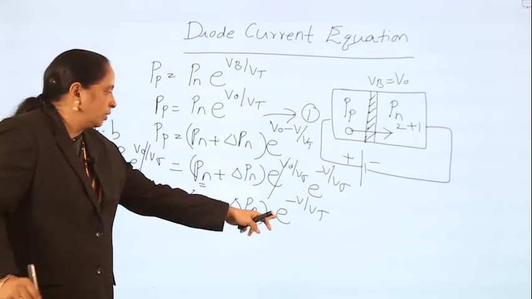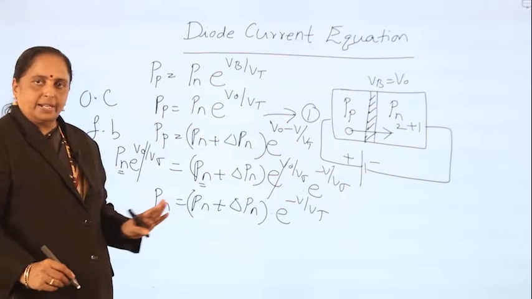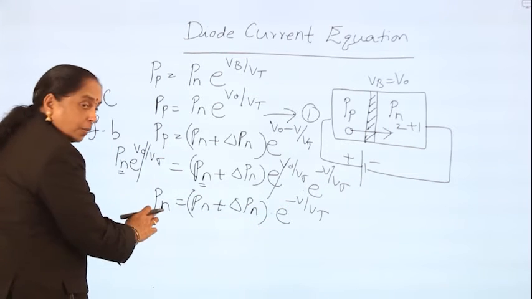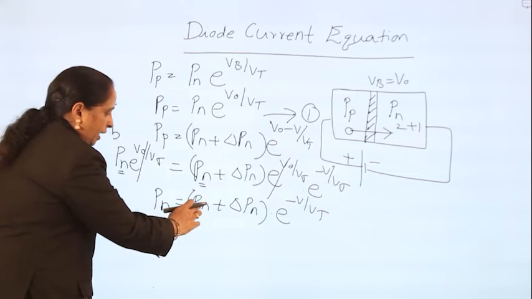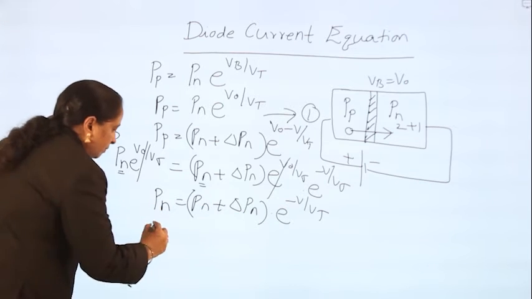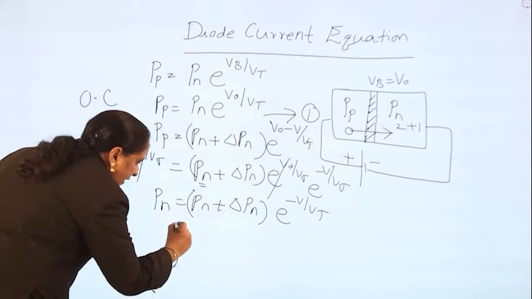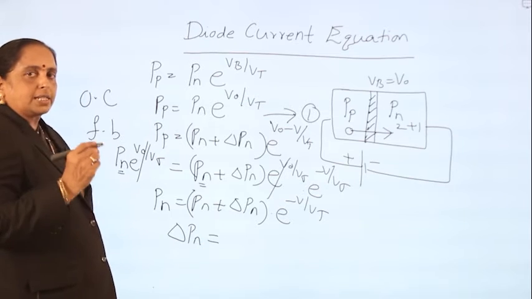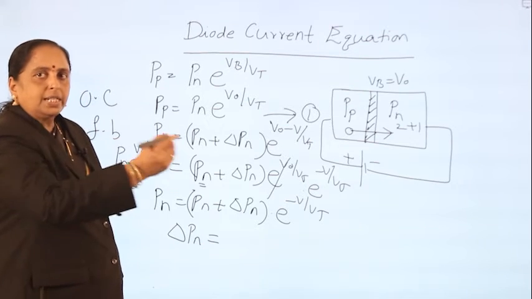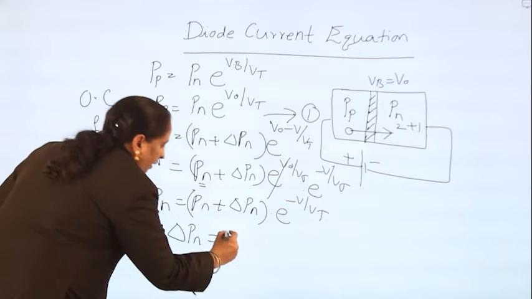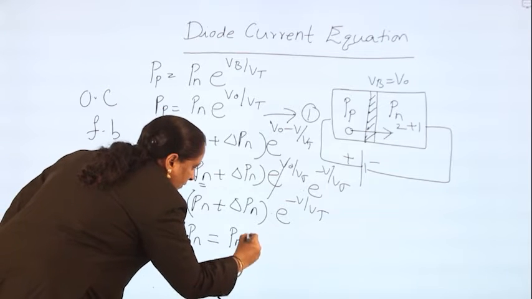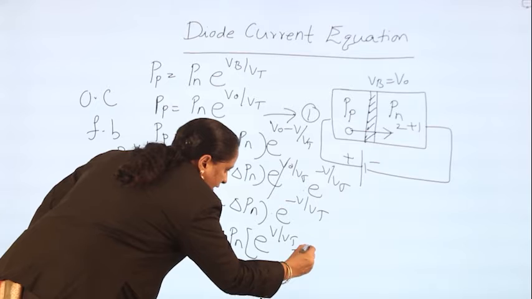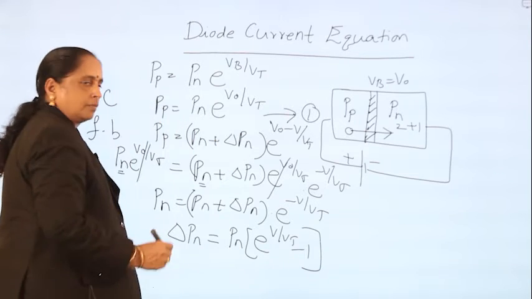Take this term to this side and separate delta Pn. I have brought this expression to this side and taken Pn as common. Now I can separate delta Pn, that is, the number of excess holes that reached the N region. So delta Pn is equal to Pn into e power V by Vt minus 1.